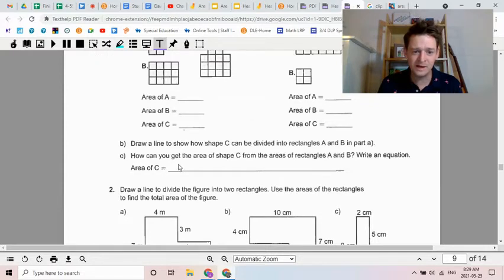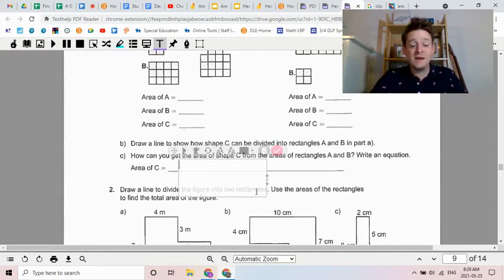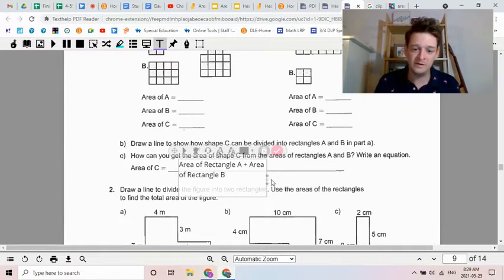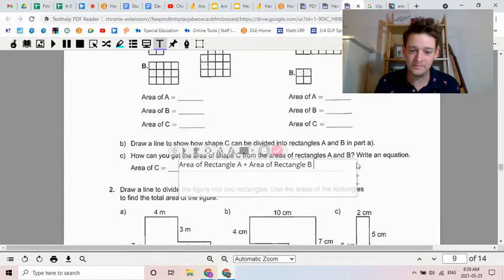We just talked about that. So because area C is made up of rectangles A and B, if we take the area of rectangle A and we add it to the area of rectangle B, that's going to equal the area of C. So we're going to add them.